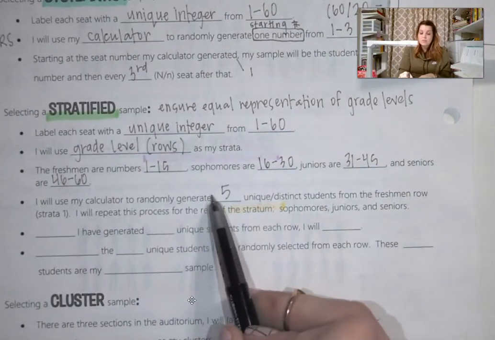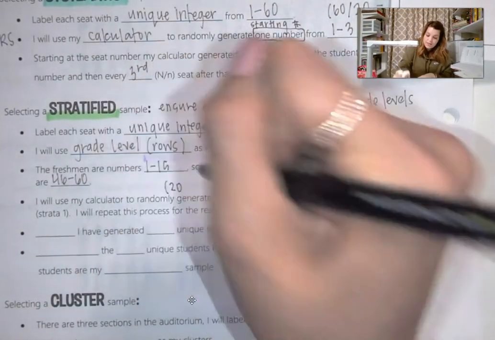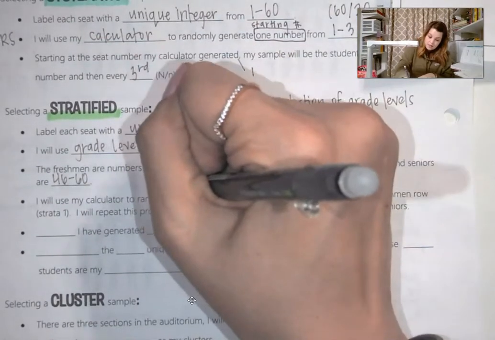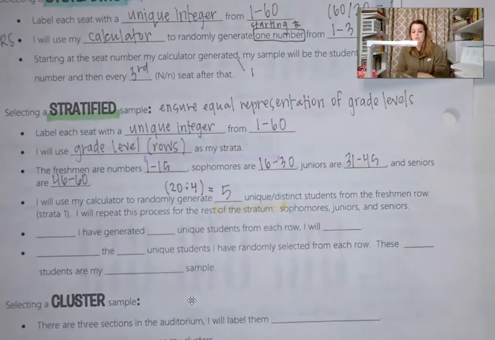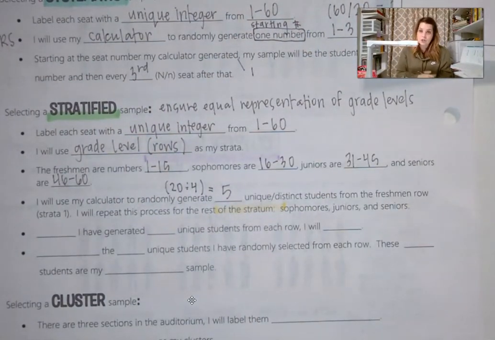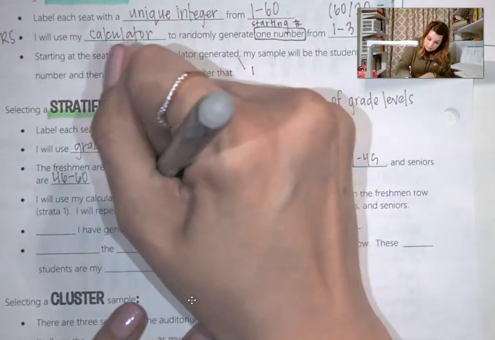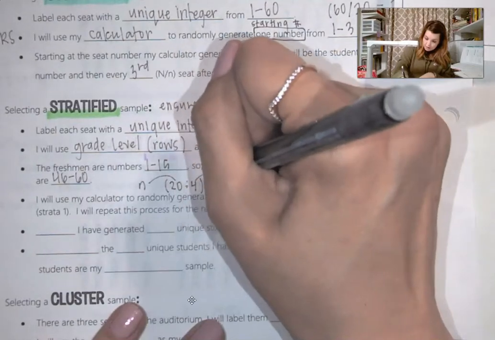How do I know that I'm going to take 5 from each grade level? Well, my sample size is 20, and I have 4 strata, so I have to take 5 from each group. So 20 is my sample size. 4 is my number of strata.